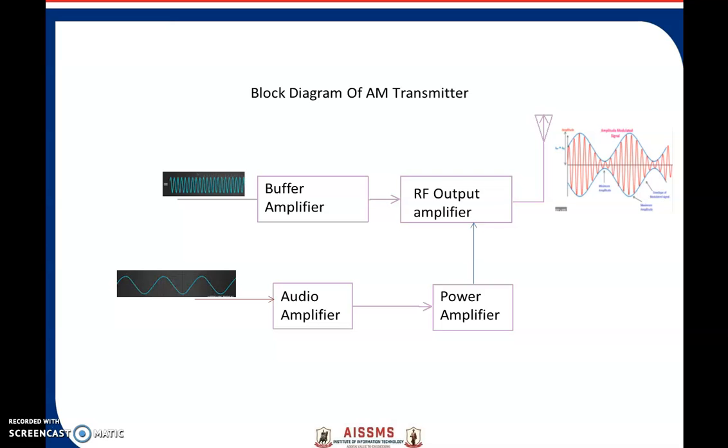Next, if everyone tries to transmit these low frequency waves, their mutual interference can distort the signals. And third, the size of the antenna to transmit these audio frequency or information signals would be very large, about 75 kilometers, which is practically impossible to build. Hence, modulation is required.